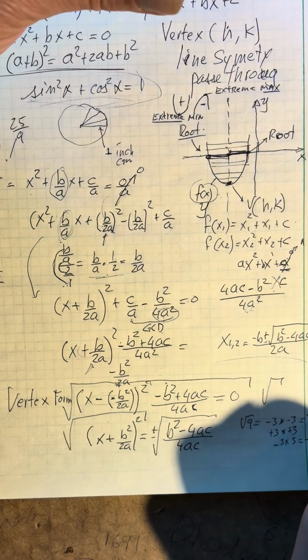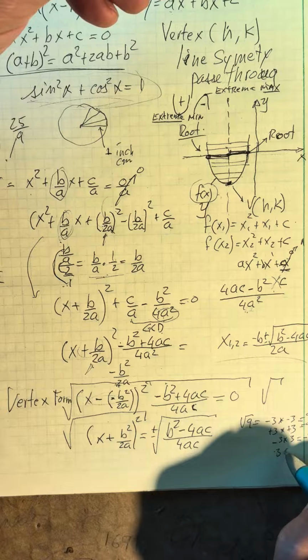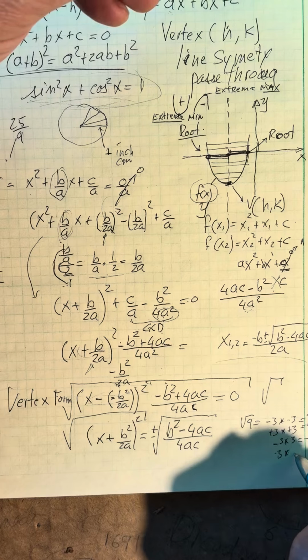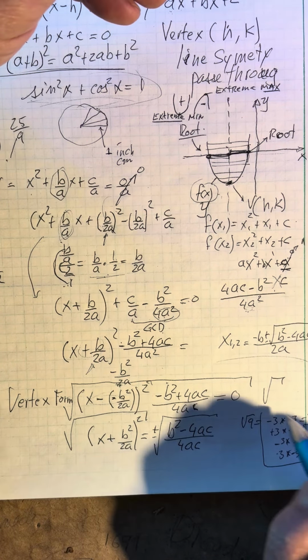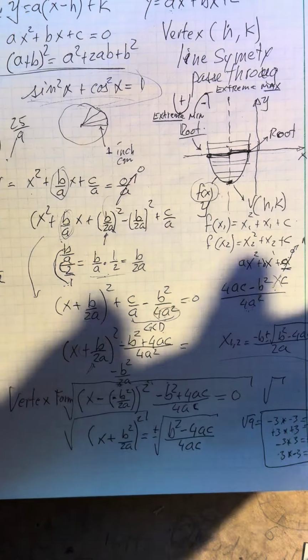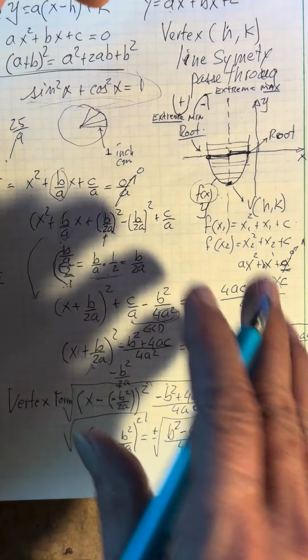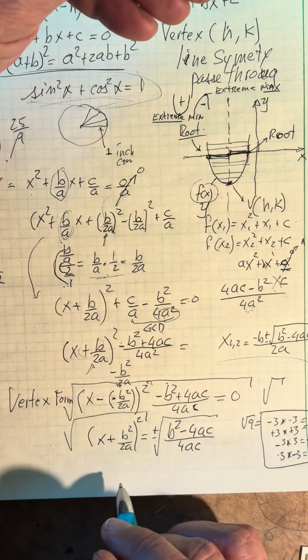This is 9, this is 9, this is minus 9. And 3 times minus 3 is minus 9. Another extra. So this little problem is becoming a whole bunch of extras, which is beautiful. I love it.